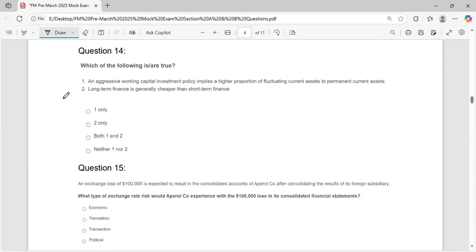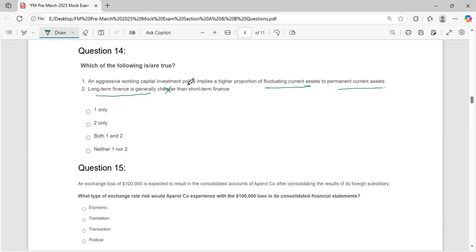Which of the following are true? An aggressive working capital investment policy implies a higher proportion of fluctuating current assets to permanent current assets. Long-term finance is generally cheaper than short-term finance. Long-term finance is generally more expensive than short-term finance.